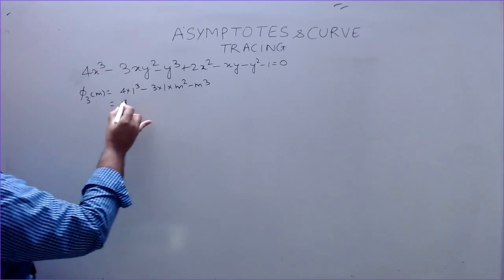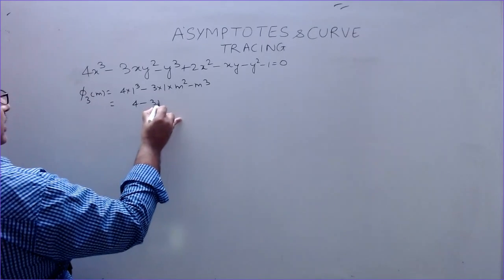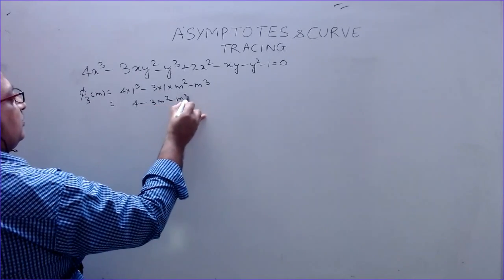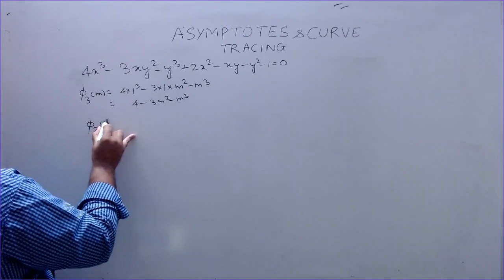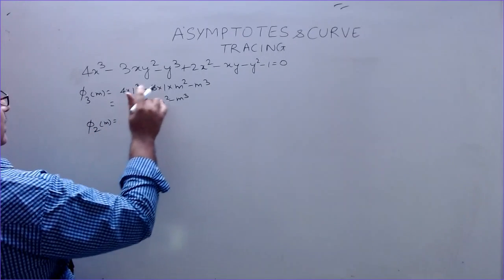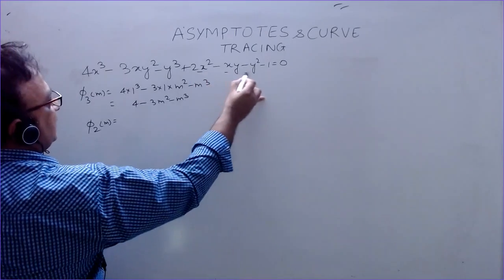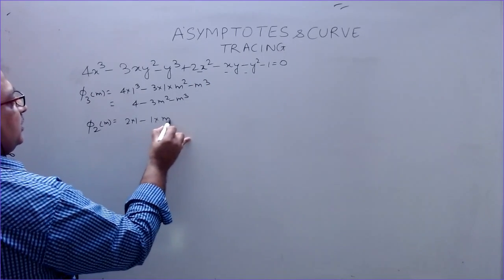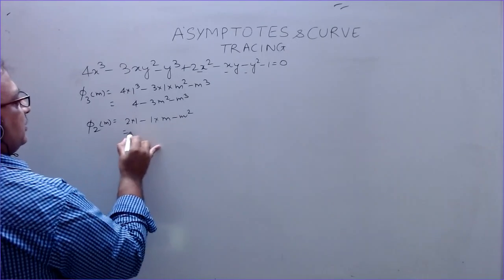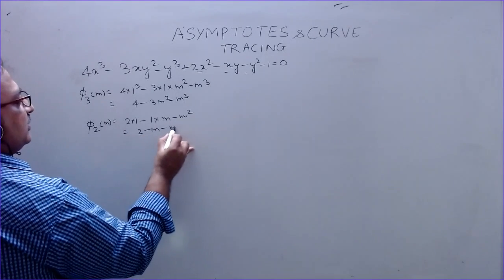So this is 4 minus 3m square minus m cube, and phi 2 m is equal to, second degree terms are this, this and this. So 2 into 1 minus 1 into m minus m square. So 2 minus m square.